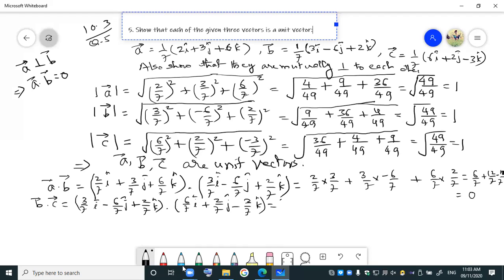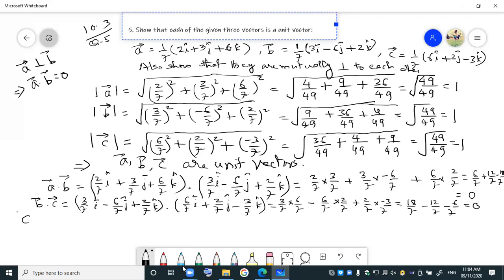Multiply 3 by 7 with 6 by 7, then minus 6 by 7 with 2 by 7, plus 2 by 7 with minus 3 by 7. So 18 by 7 minus 12 by 7 minus 6 by 7, 18 minus 18, 0 by 7, that is equal to 0.